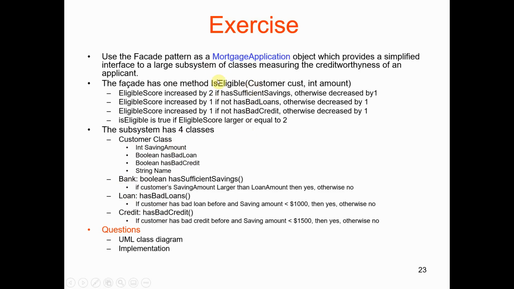And from the user point of view, it's very simple. The user just calls isEligible and it tells me yes or no: is the customer eligible for the loan or not? So here I want you to draw the UML class diagram and the implementation. For this exercise, I will give you 10 to 20 minutes.